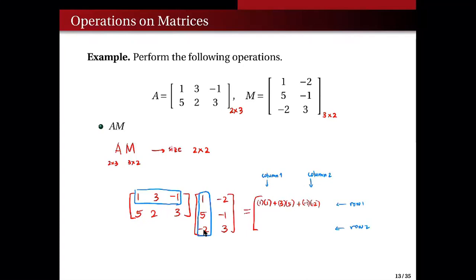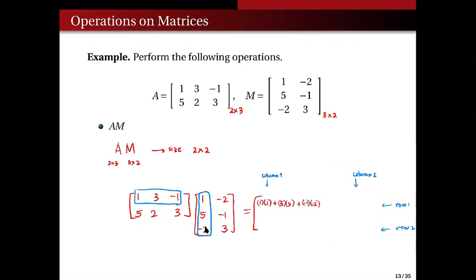So I think I have to adjust this column 2. So this is for the rows. And then this guy here, let me put it somewhere here. So this is for this guy here: first row of A, first column of M.